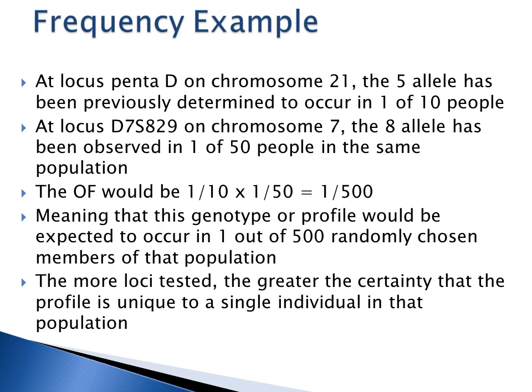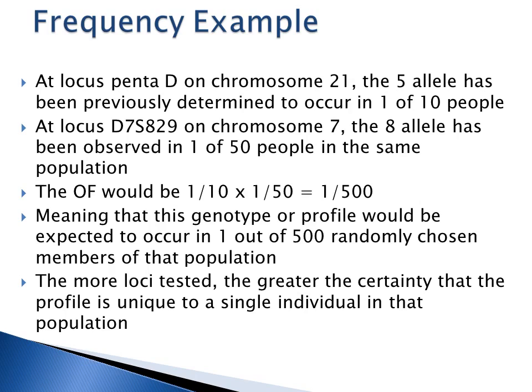For example, at locus Penta D on chromosome 21, the 5 allele has been determined previously to occur in 1 out of 10 people. At locus D7S829 on chromosome 7, the 8 allele has been observed in 1 out of 50 people in the same population. So the overall frequency would be 1 over 10 times 1 over 50, which equals 1 over 500.